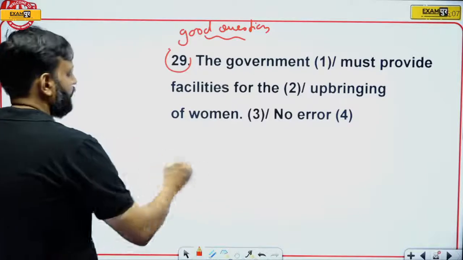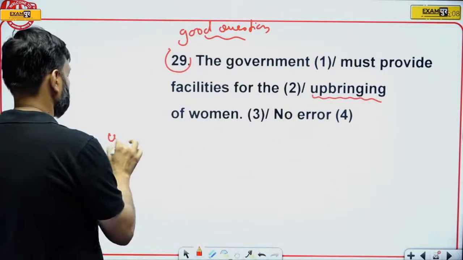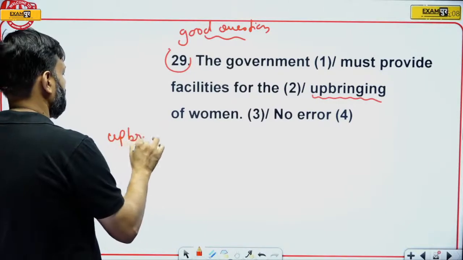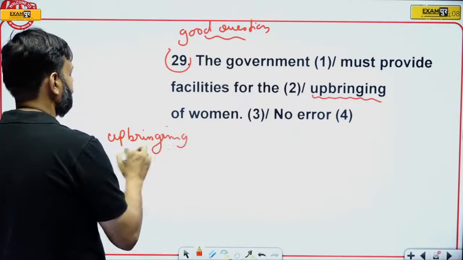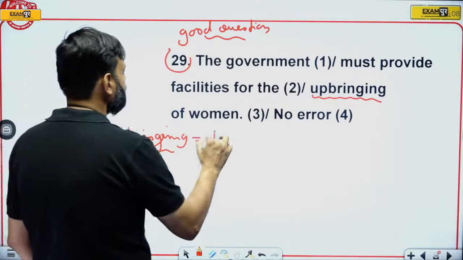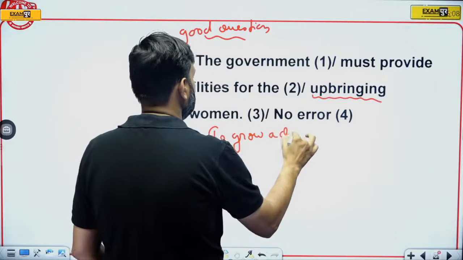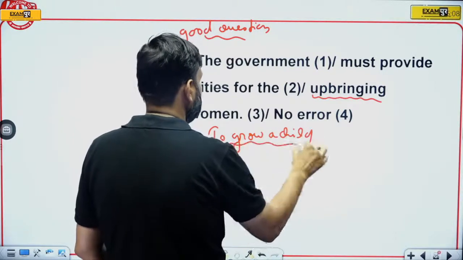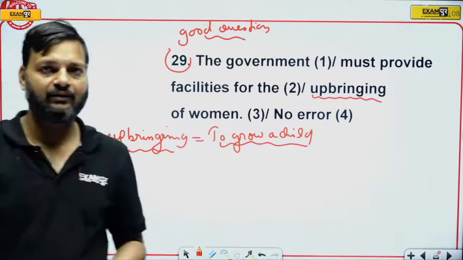See, the word upbringing means to grow a child. Upbringing of a child.